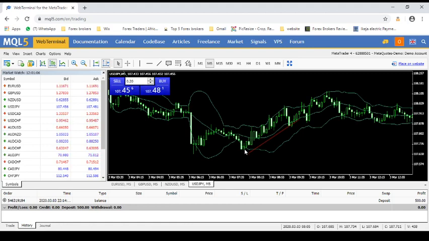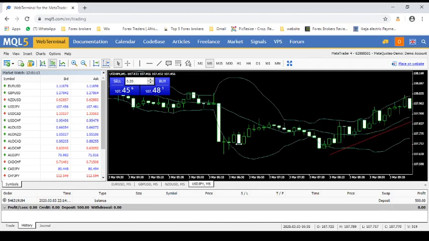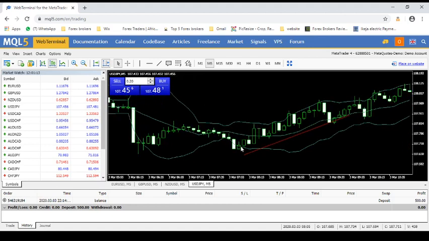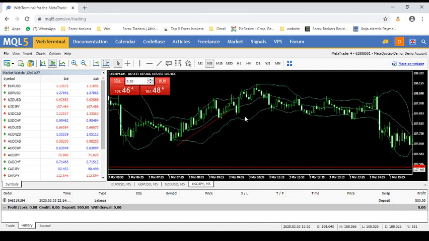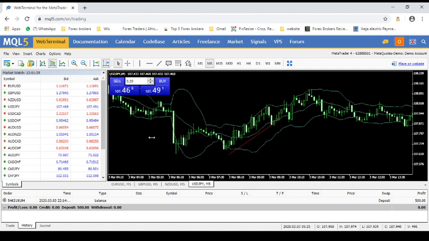Then as you can see, the next candle closed inside the band and it's facing an opposite direction. So this is an indication that there will be a possible change of trend, and as you can see, it started going back up. So that is trading the bounce.